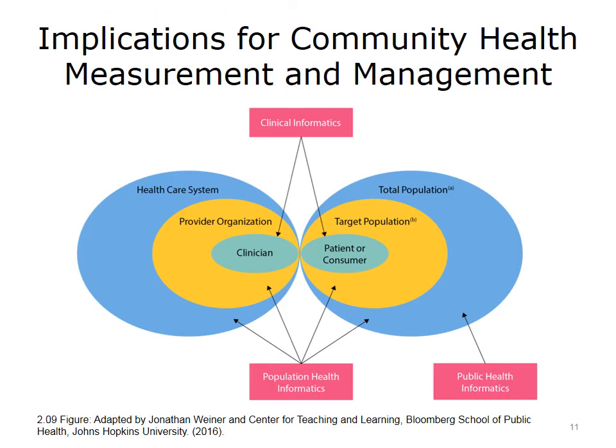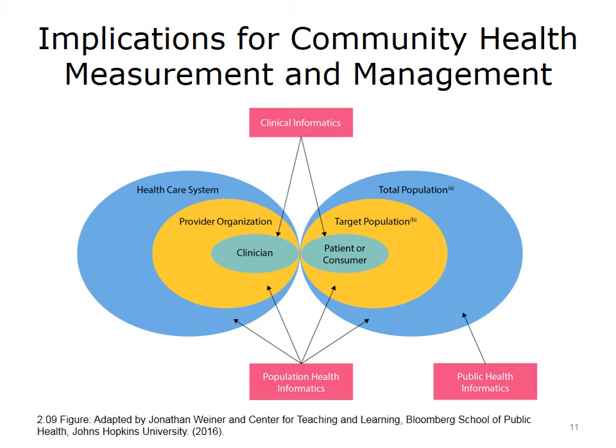This is a graphic that provides a paradigm for the differences between clinical informatics and public health informatics, and the focus of this component, population health informatics. Clinical informatics can be considered the application of health information technology and other big data sources primarily in support of the clinician, be it doctor or a nurse, for the care delivery process.